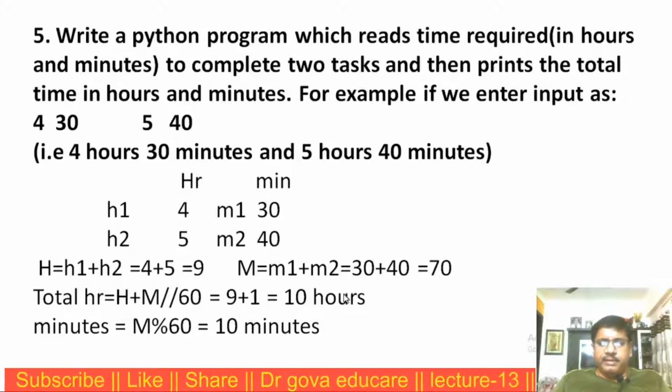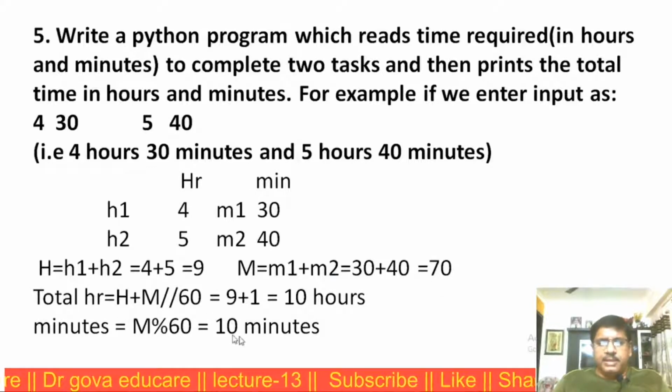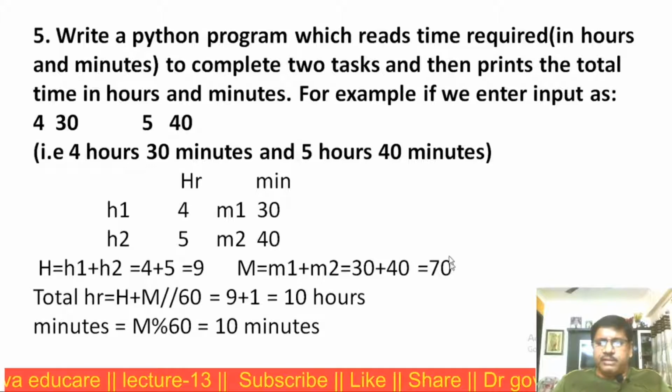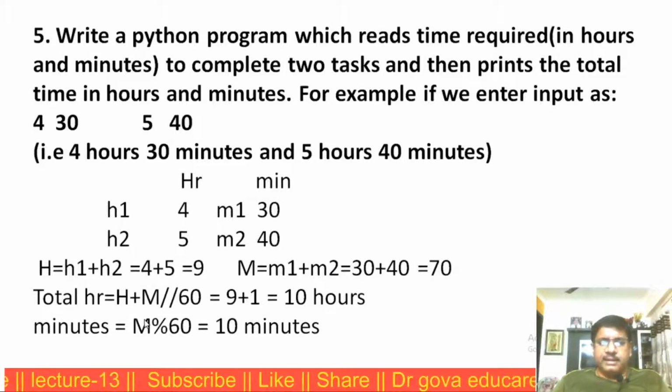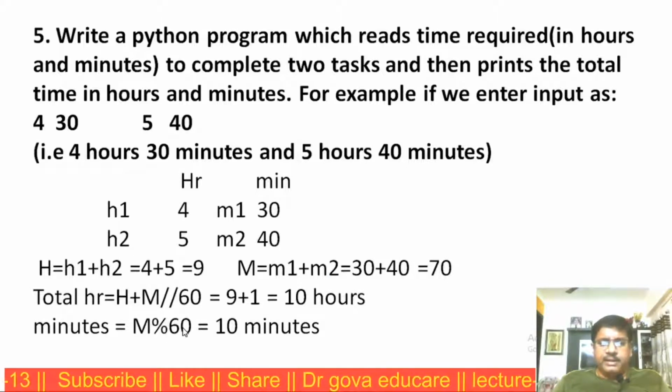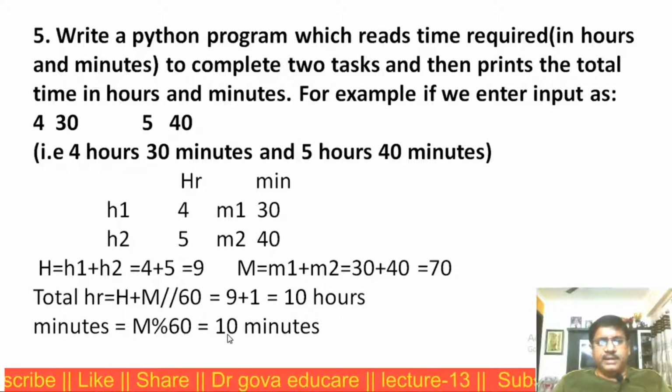Now I want to get minutes. Minutes is equal to m modulo division with 60, that is 70 modulo 60 is equal to 10 minutes.